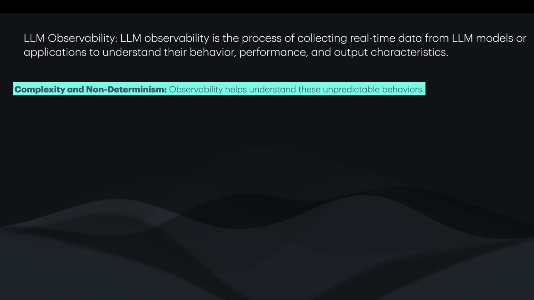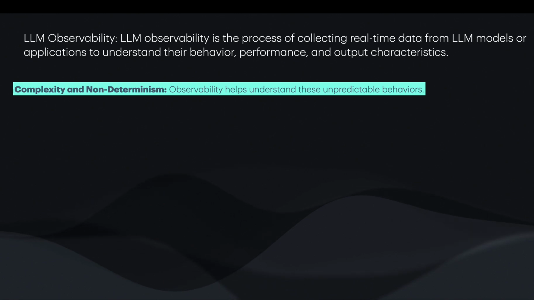So with this, let's first understand why we need LLM observability. This is mainly to deal with the nature of LLM applications, which have a lot of complexity and are non-deterministic in nature. You might have seen while building your LLM application that if you send a single prompt or input to your GenAI application, you get different results at different iterations.